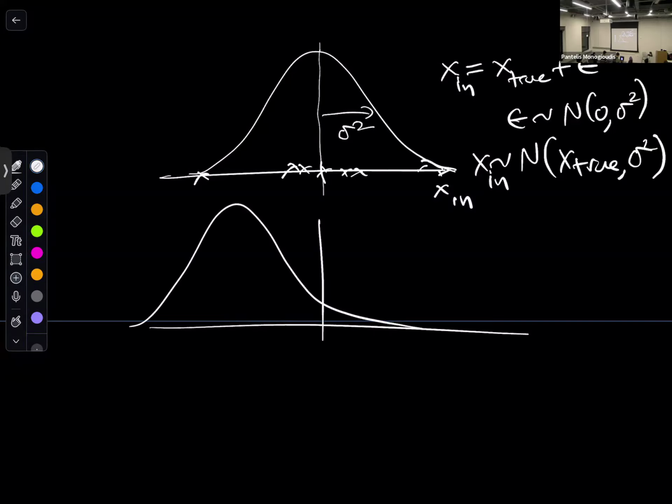This is going to be my X out. The same behavior of the sensor is going to be there. There will be some mean X throughout. X out is going to be normal with mean X out, comma, sigma squared. In fact, the two sigmas will be different too. Doesn't really matter.